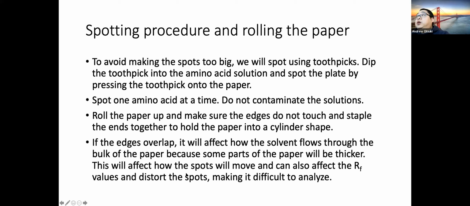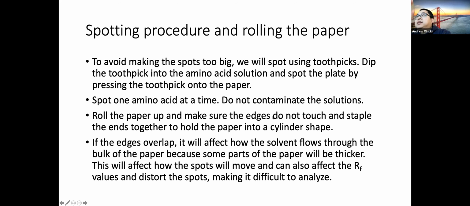It can also give you a different RF value, and it can also distort how the spots look, and that can cause difficulties with interpretation. So there's a lot of variables you have to consider when analyzing things and doing these types of techniques. They're very technique specific. There are certain things you should do and cannot do, so it's always important to establish the best technique possible.